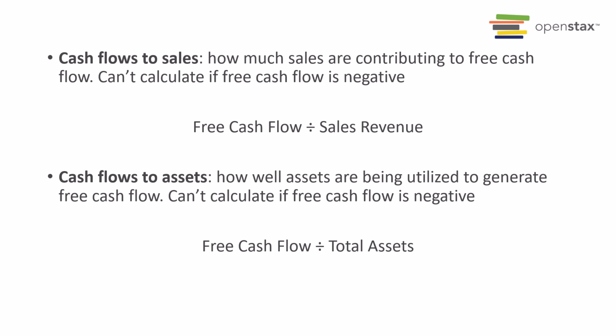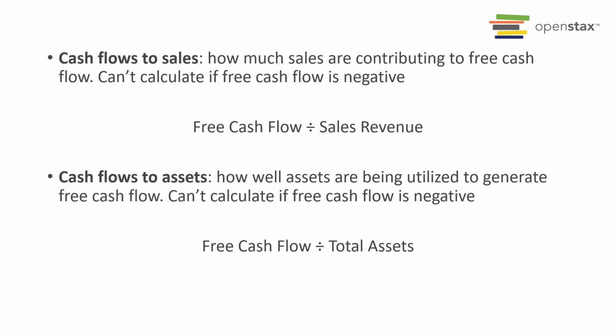Then we can compare that cash flow amount to our total assets. This helps us see how well our assets are being utilized, right? What percentage of our total assets is available as free cash? Again, if you have a negative number, you're not going to be able to calculate this.